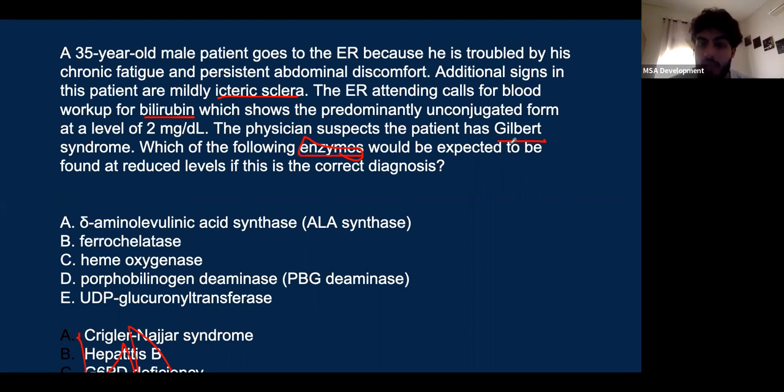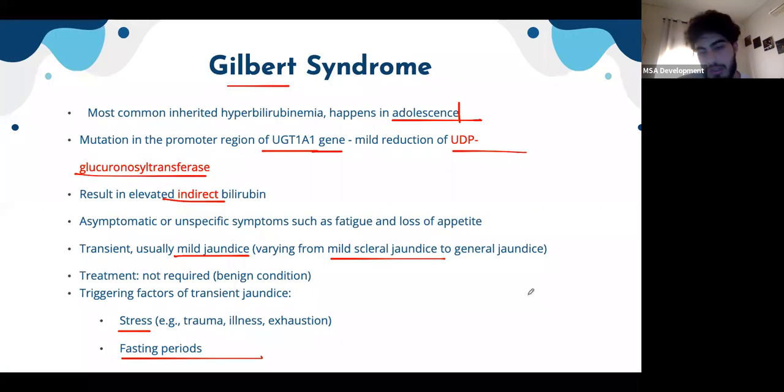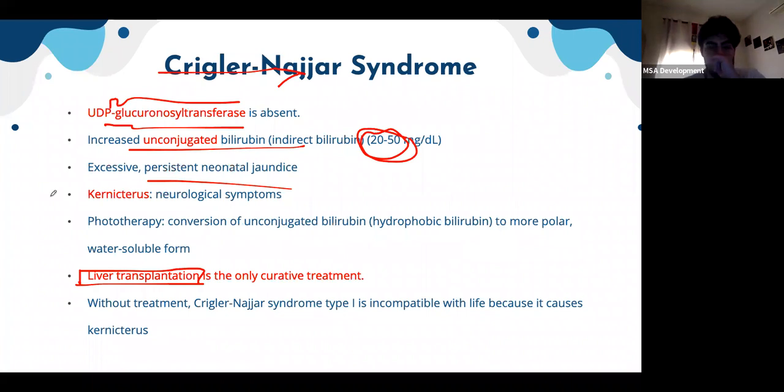A patient with Gilbert syndrome would have a deficiency in the enzyme that gives you conjugated bilirubin, which is UDP glucuronyl transferase. We talked about it over here. That happens for both Gilbert and Crigler-Najjar, except Crigler-Najjar is severe and the other one is mild jaundice.